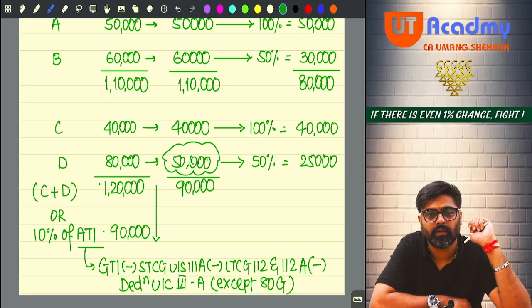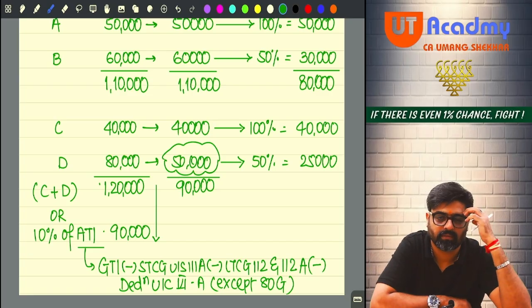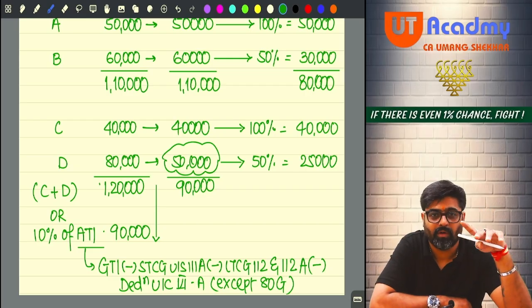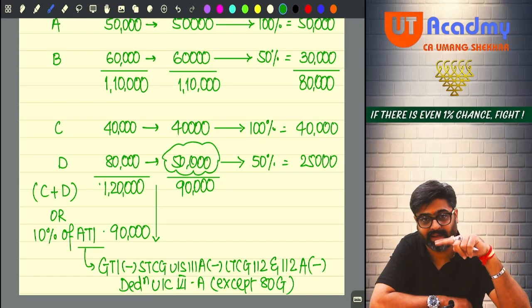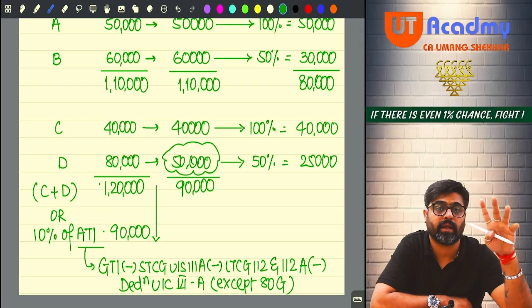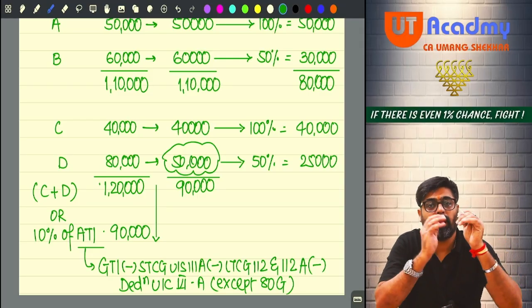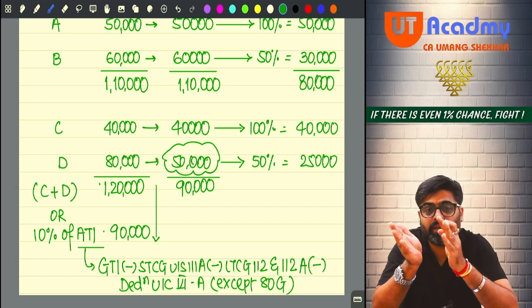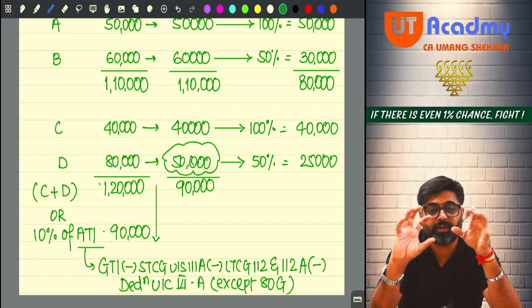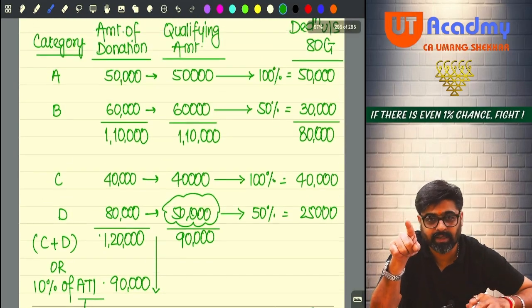Got it, sir? This is the toughest calculation in ATG. Now I will show you the names of institutions category wise, and you will have to remember the names category wise. If you shift the category, see the change.